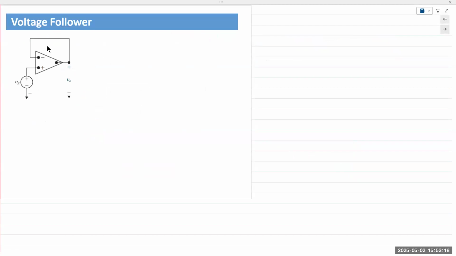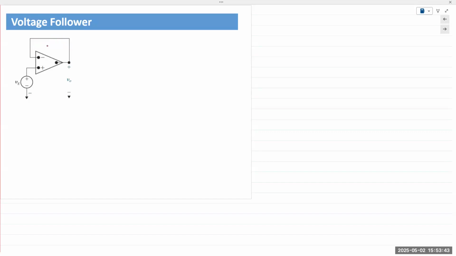All we are doing is taking the output and feeding it back into the input terminal. That's the connection. That's it. There is no other connection in the circuit. We are connecting the output back to the inverting terminal, and then our input signal is applied to the non-inverting terminal.